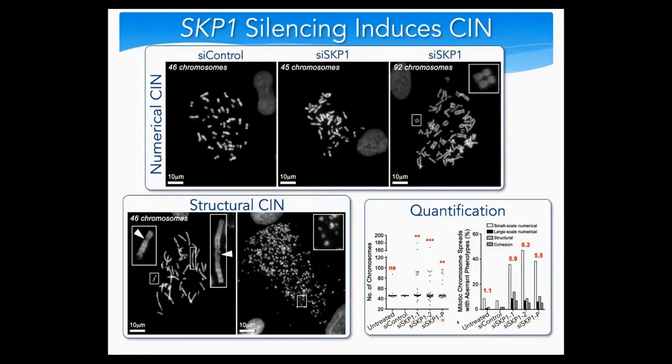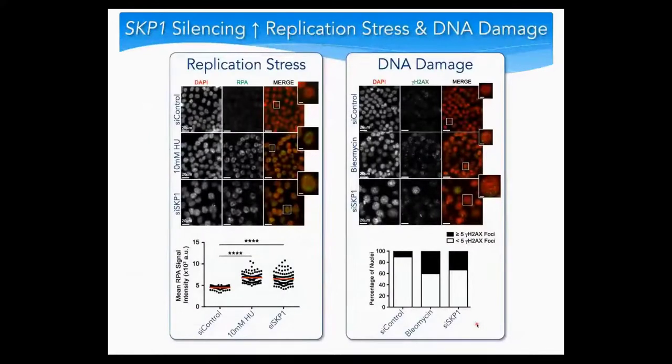And of course, she can quantify all of those data, and in those silenced conditions relative to control, she's always seeing statistically significant increases. Now, based on this information and further scrutiny of some of these particular images, you could begin to gain insight into some of the aberrant pathways that may be contributing to CIN and these phenotypes. And those phenotypes include replication stress and DNA damage.